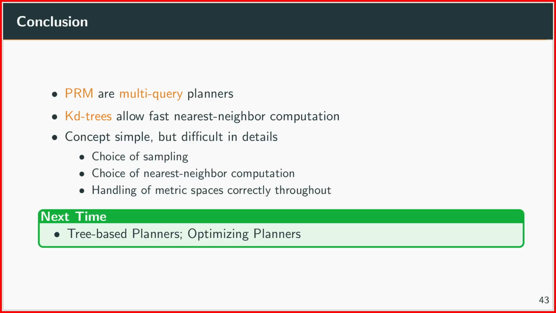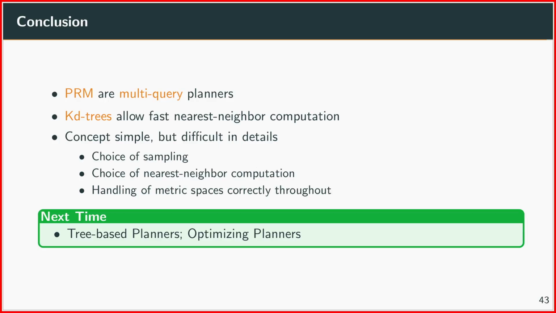Then, of course, this choice of nearest neighbor computation. So KD trees work pretty well, but sometimes you have scenarios where this is not working very well, and then the question is, what do you do? And of course, handling of metric spaces is also an important thing which we didn't talk about. If you have very weird metric spaces, then KD trees can maybe not be applied. You have to also keep this in mind.